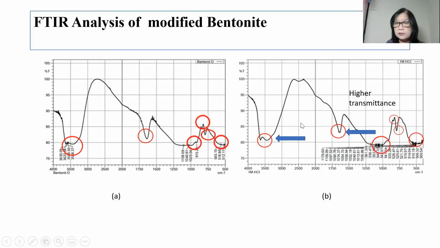But here we modify and activate the bentonite with hydrochloric acid, and we see a higher transmittance compared to the natural one. You see here it is more than 80%, between 80 and 85. This is an increase in the transmission of the FTIR analysis.